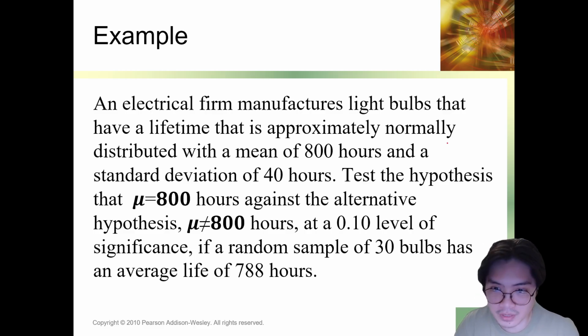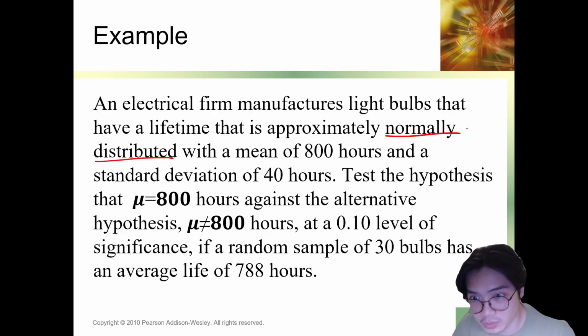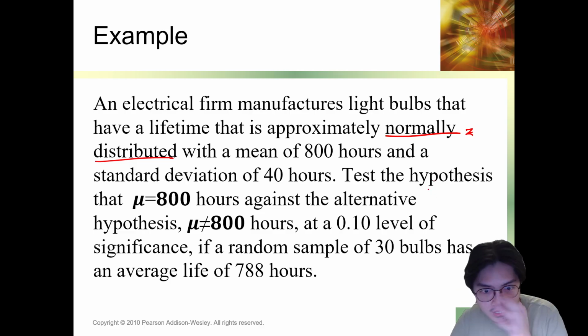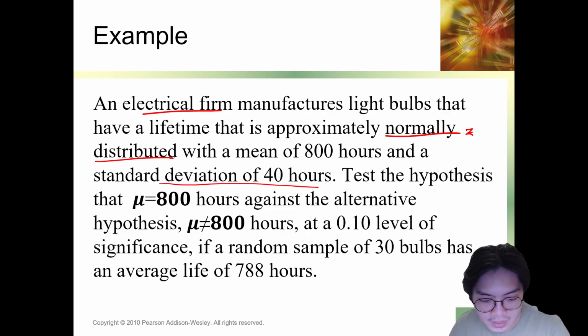Okay, immediately telling us what the test statistic should be, the normal distribution. Therefore, we're going to look at most probably the z score, the mean of 800 hours, a standard deviation of 40 hours. So it seems that this electrical firm is already telling us what the standard deviation is, because most likely this will be the hardest part in many of these testing questions.